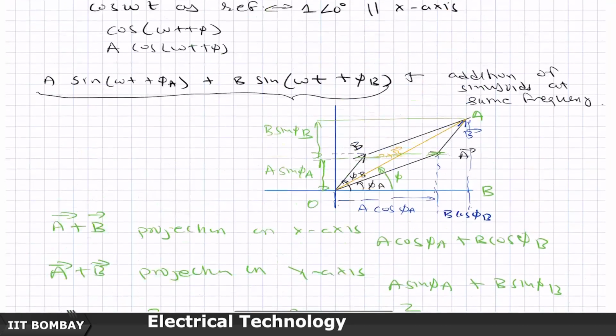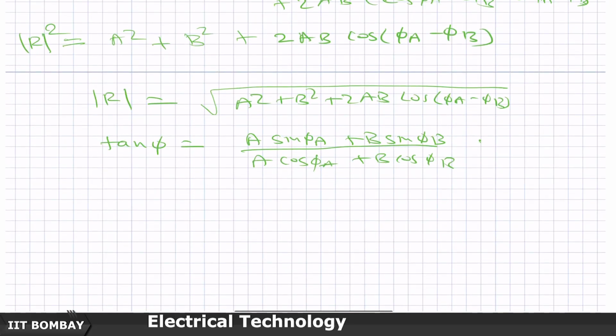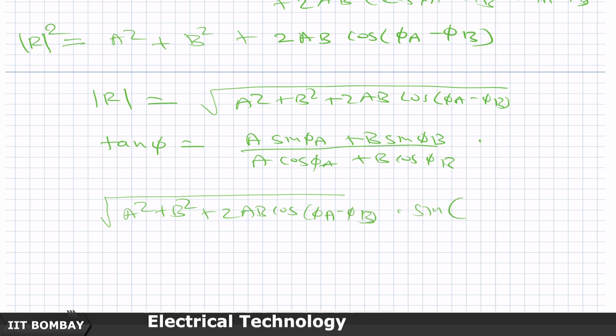And then, since we were doing something in the time domain, our question is actually what is the resultant in the time domain. So the resultant in the time domain is going to be given by, I am going to write the complete thing just for the sake of completeness for you, the resultant R times sine of (omega t plus phi).